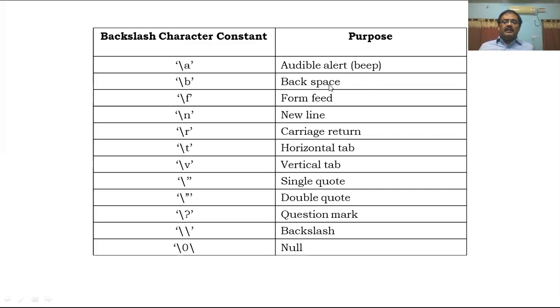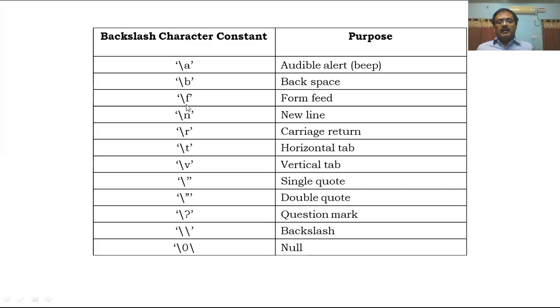Suppose you are printing apple followed by backslash b. It means after printing apple, you are using backspace, so from the right side you are going to remove one letter. The last letter E will be removed, leaving APPL. That is only on the screen.